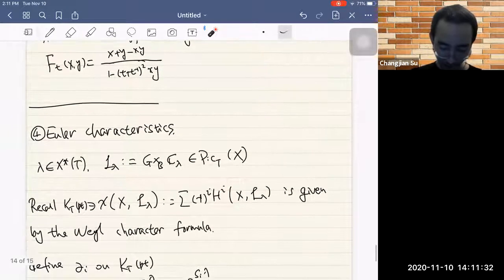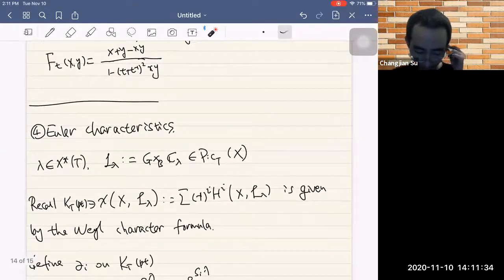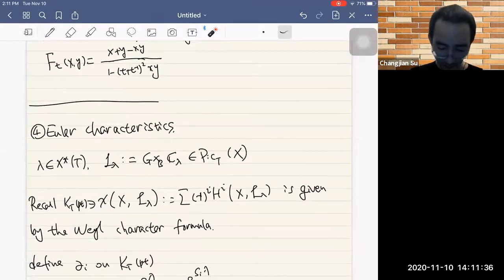Okay, so finally, another good property of this multiplicative chain class is as follows. If you have some character lambda of the maximal torus, then we can form this line bundle on the flag variety. Then you can consider the equivariant Euler characteristic of this line bundle L lambda.